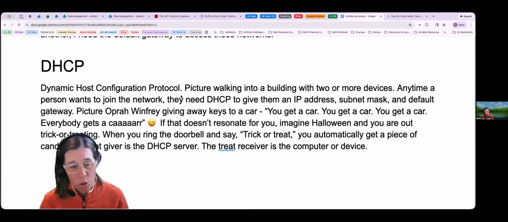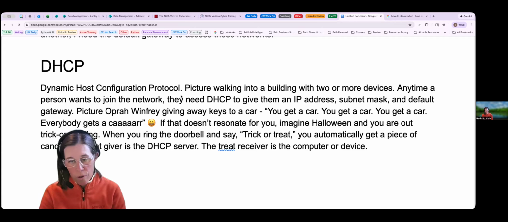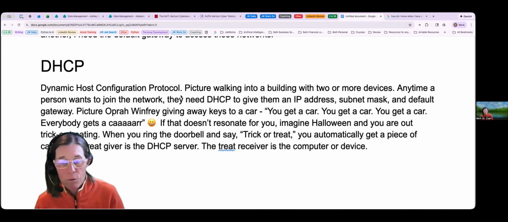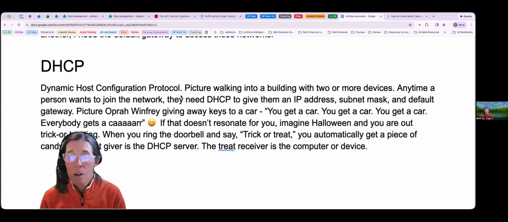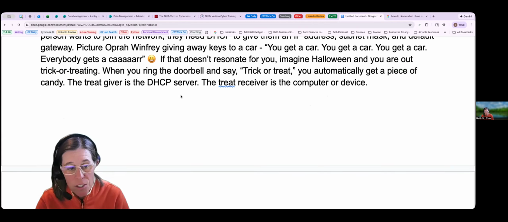Let's say you go out, you ring the doorbell, you say trick or treat, and automatically you get a piece of candy. So the treat giver is the DHCP server. That's the person who opens the door and gives you the candy. The treat receiver is the computer or device. That's you who's got your bag open. So that's DHCP.